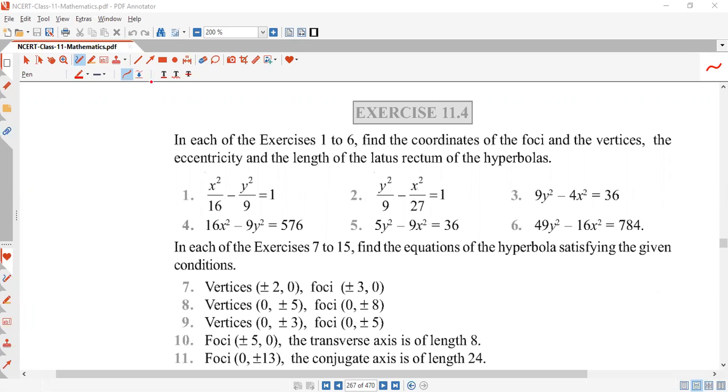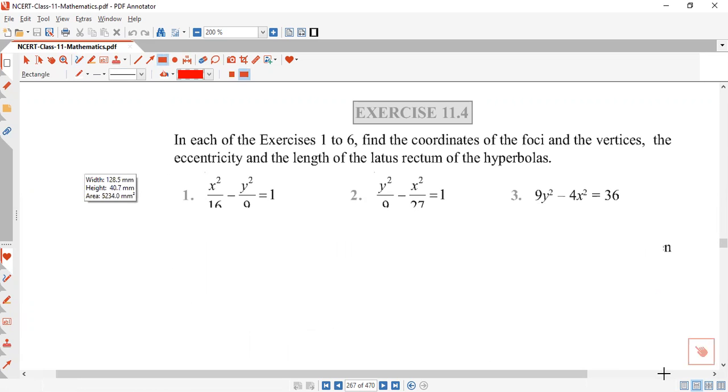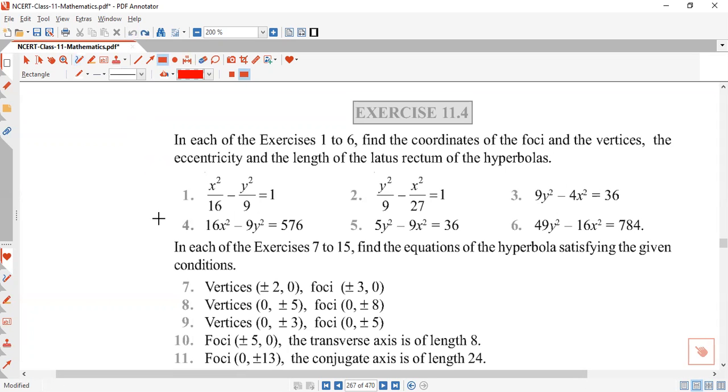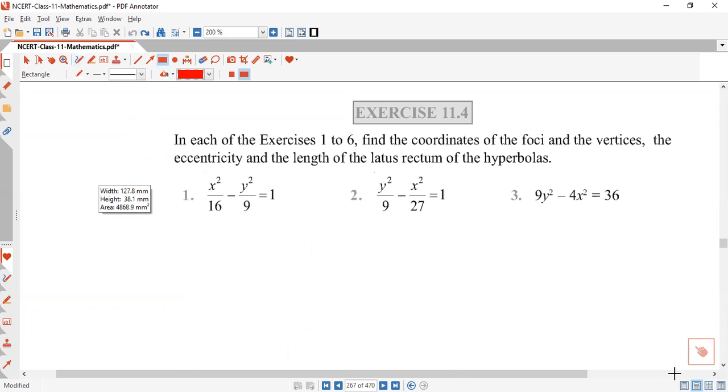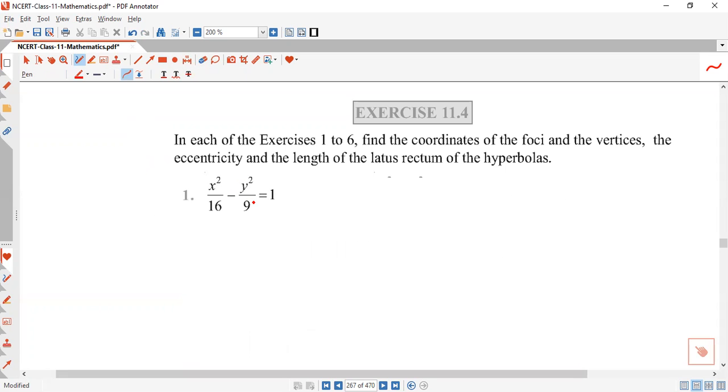So in this question, first we want to do question number 1. See, in this question number 1, x square upon 16 minus y square upon 9 equals 1.